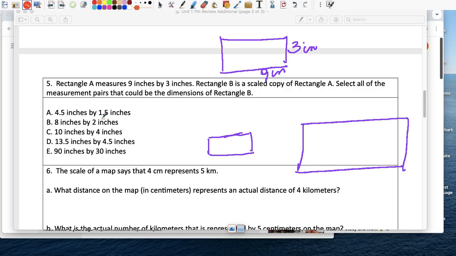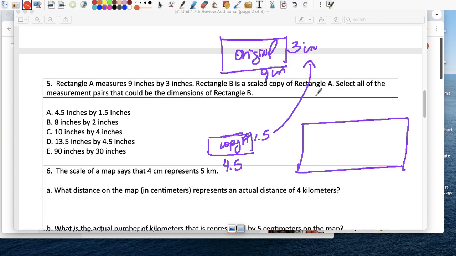Let's do the first one. 4.5 by 1.5. So this will be 4.5. This will be 1.5. And the original is 9 by 3. Is this guy here a scaled copy of the original? So does this copy work? Copy A. How do I get from 1.5 to 3?